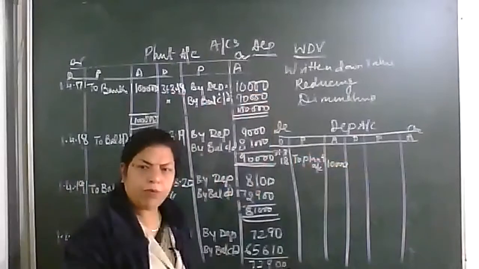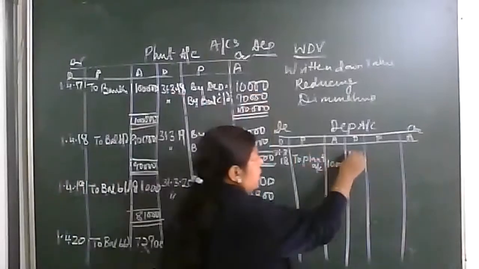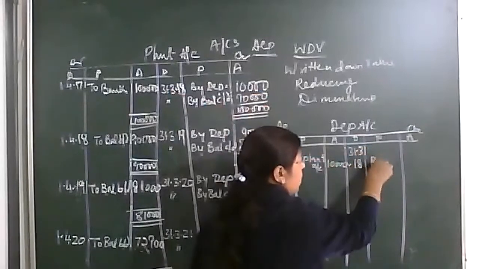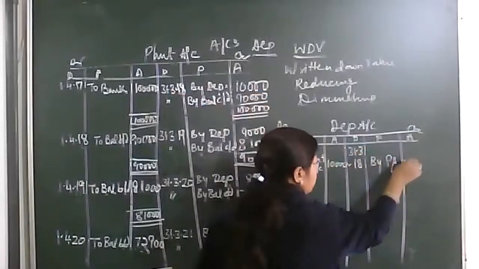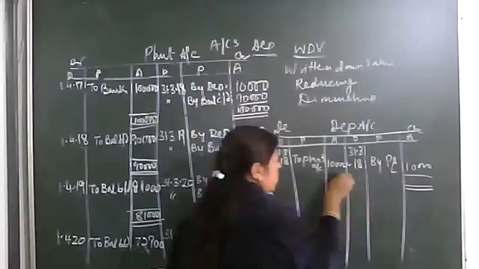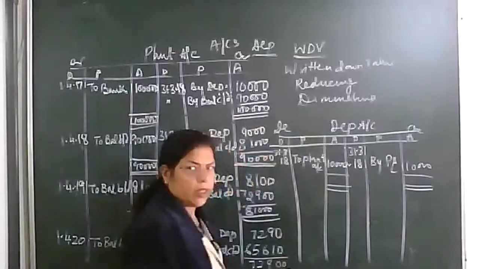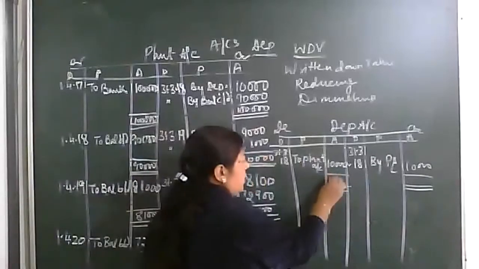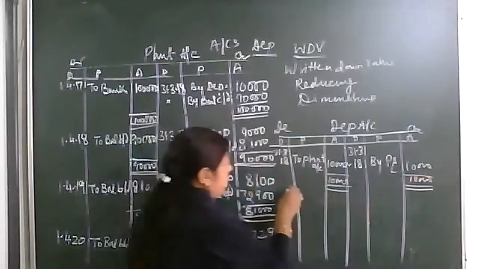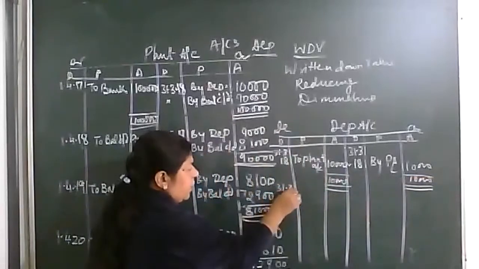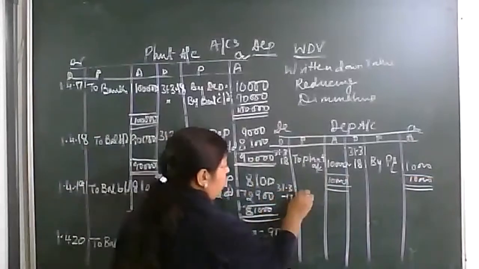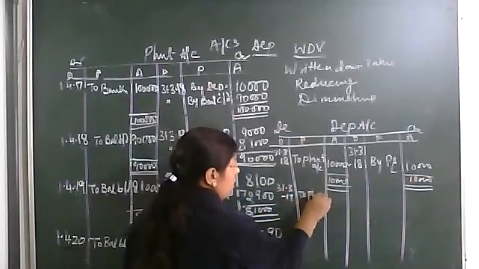On the same date, that is 31st March 18, we transfer it to the P&L account, 10,000. Same next year, 31st March 19, to plant account.